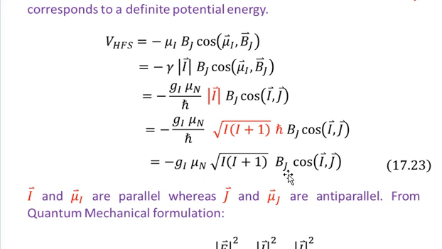Outside that, I have Bj and cos of I and j. You see that the angle between mu I and Bj is the same as the angle between I and j. So rather than mu I and Bj as the parameter of the function cos, I have simply replaced them by the vectors I and j, that is cos of the angle between vector I and vector j.